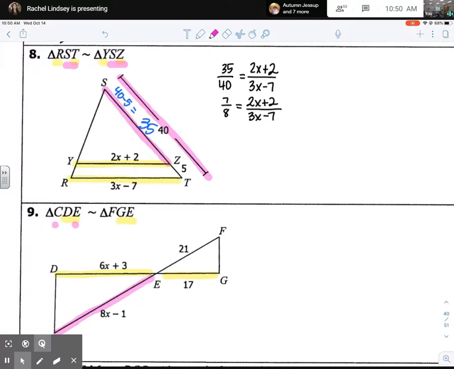EC goes with FE. And then my other two sides go together. So DC with FG. But I only need the yellow and the pink. So again, I set it up left to right. So I want you to set that up left to right this time. So yellow over yellow, pink over pink. And then solve these two problems.